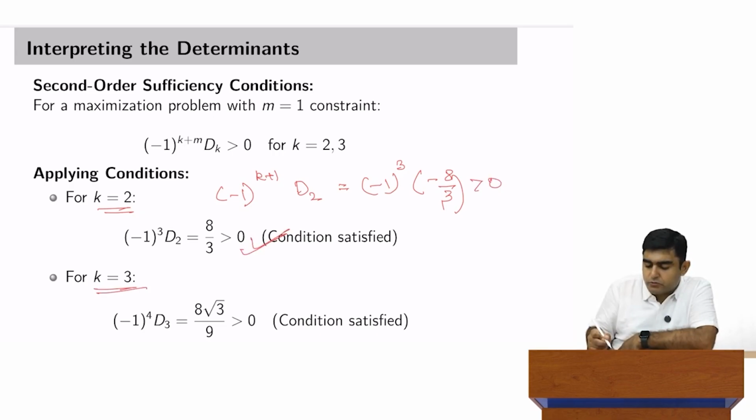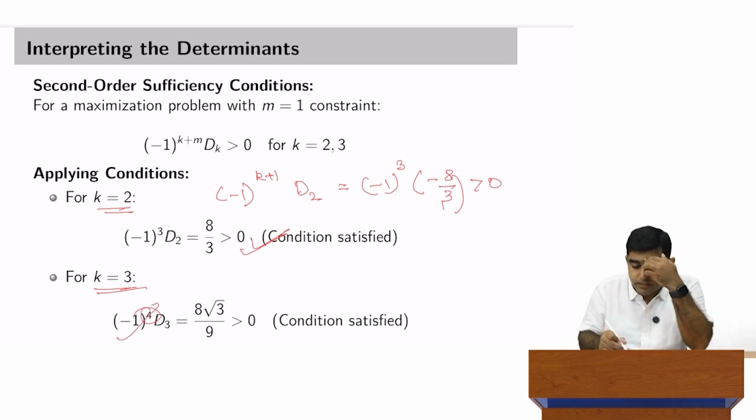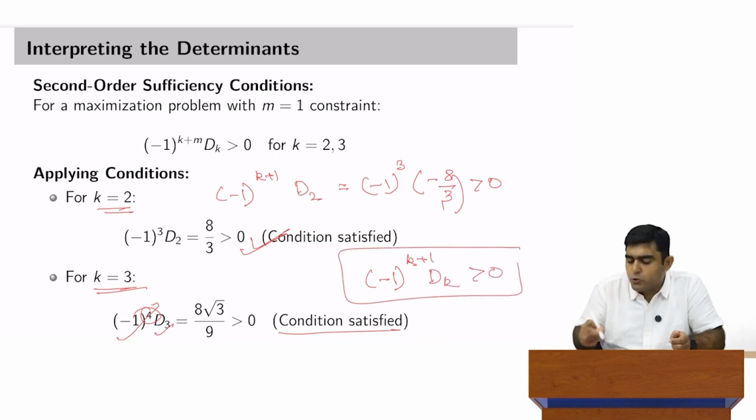When k is equal to 3, k plus 1 becomes 4. So, this value becomes positive, multiplied by the positive determinant again gives me the value. So, for all my points where k is greater than m or k is greater than equal to m plus 1, minus 1 raised to power k dk, this is k plus 1, is indeed greater than 0.